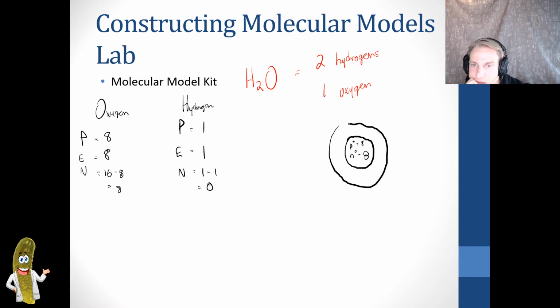And then I'm going to draw my second ring here. Now I know that I need to draw 2 hydrogen Bohr diagrams and 1 oxygen Bohr diagram. So for this oxygen Bohr diagram, I know I have to draw 8 electrons, so I'm going to do those in a different color. I'm going to do those in a light green color here. Oops, wrong button again.